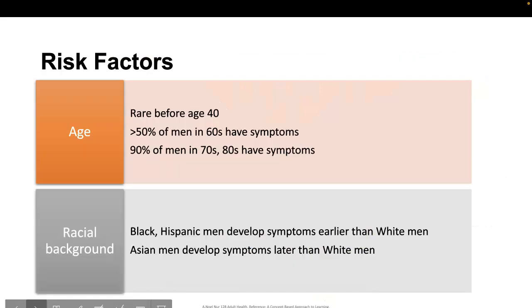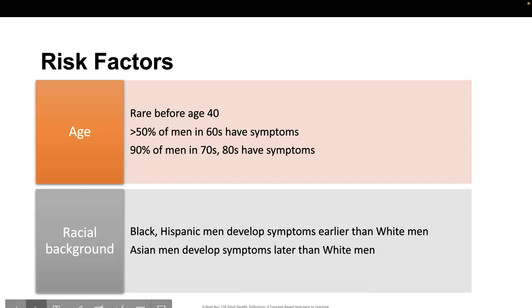So looking at the risk factors, you can see that as males get older, they have a higher risk of developing BPH. It is very rare before the age of 40 that a male will have symptoms of BPH. As they get a little bit older, there's a higher risk of having those symptoms. As the male population reaches their 60s, probably more than 50% have symptoms.